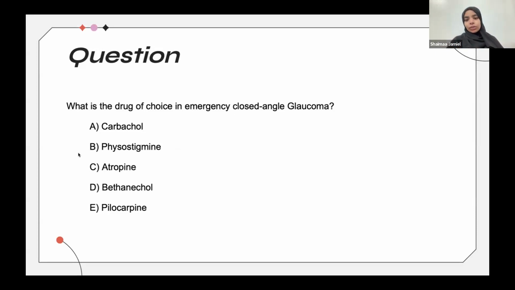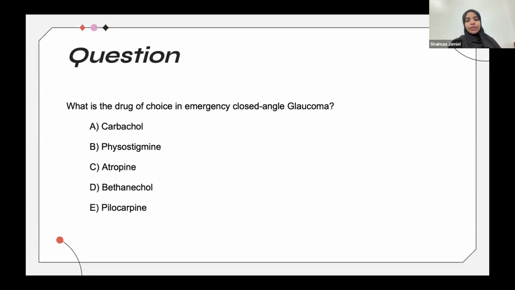Physostigmine, it's the drug of choice in, it fixes something. Physostigmine fixes what?